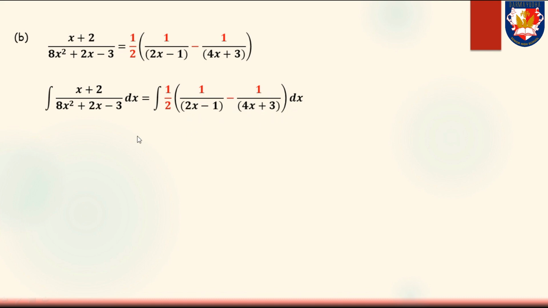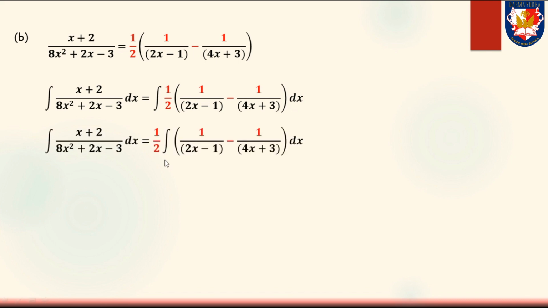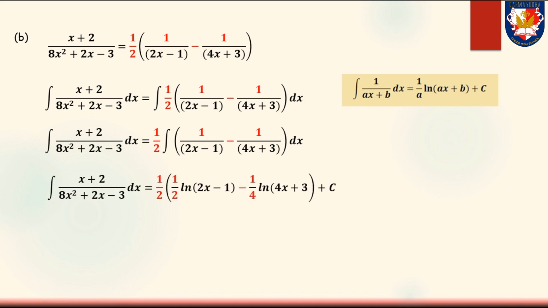Using the constant multiple rule, we have 1 over 2 times the integral of 1 over 2x minus 1 minus 1 over 4x plus 3 dx. And using the formula for 1 over ax plus b dx, we obtain the following. The integral will be 1 over 2 times 1 over 2 ln of 2x minus 1 minus 1 over 4 ln of 4x plus 3 plus c.